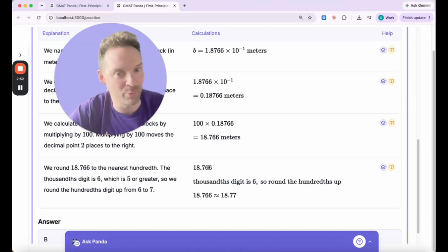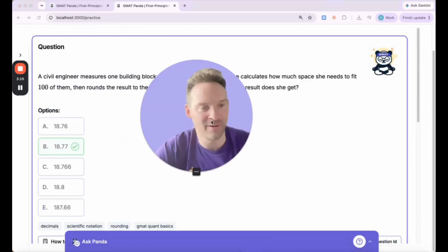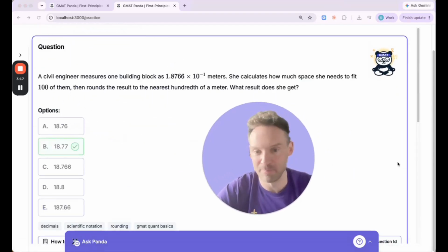But for rounding up, we have to go one step beyond. So you have to look at this one and see if it's closer to 0 or to 10. And in this case, 6 is closer to 10, so we round up. And what we do is we replace that 66 by just a 7. So we get 18.77, and that is our final answer, and that's B.